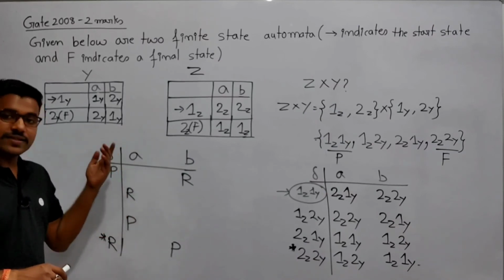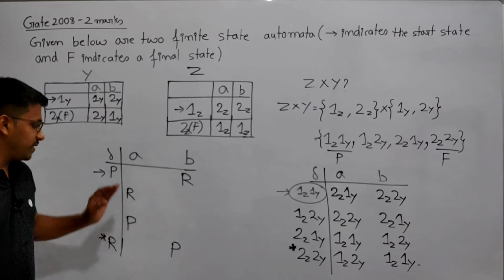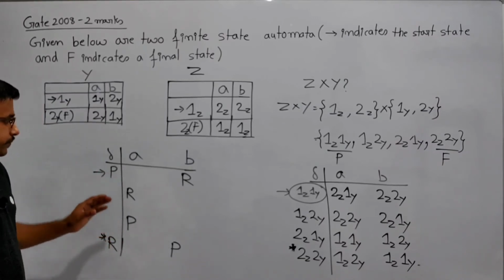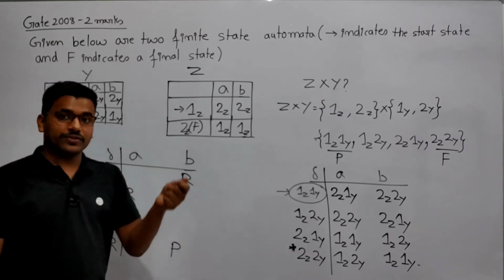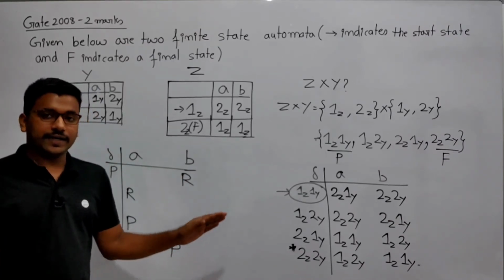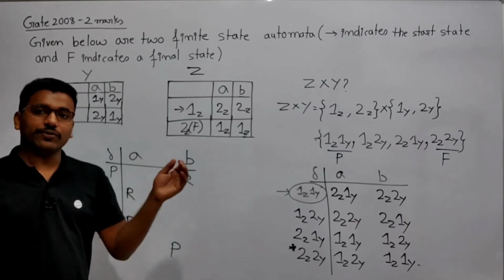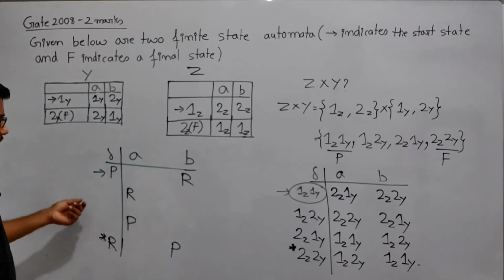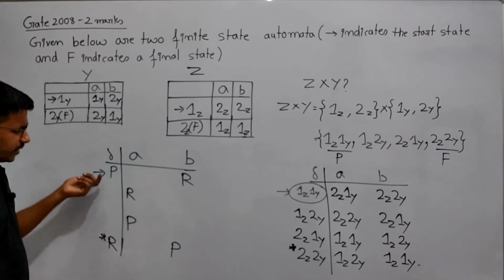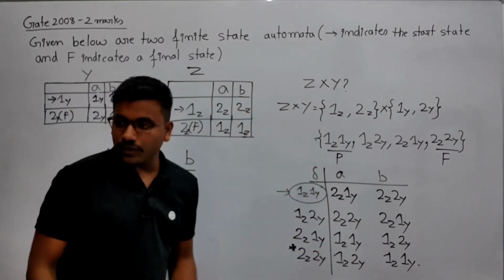The rest is not going to the final state. So by this only you can eliminate the rest of the options and choose option A as the correct one. Now we'll assume which one is going to A means 2z 2y.